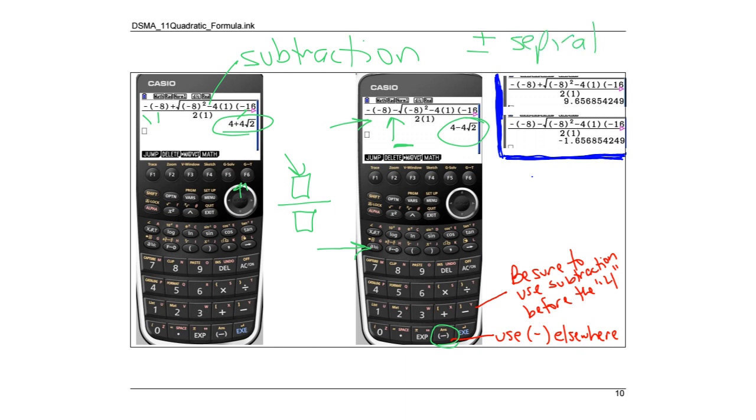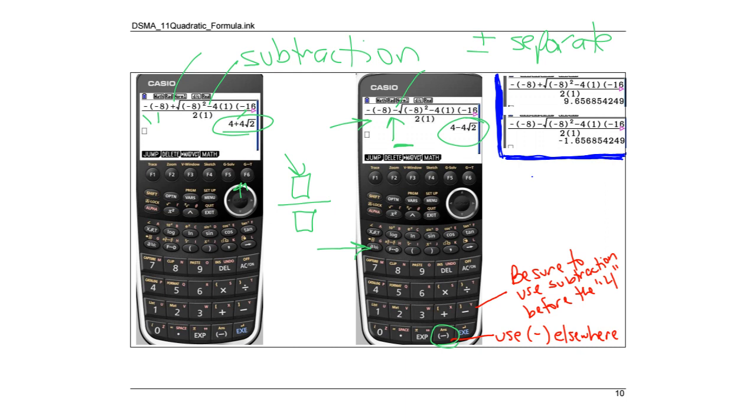So go ahead and put the plus sign first up here in your numerator. Find your answer with the plus sign, and then go back up, change that plus sign to a subtraction here, and go ahead and hit execute again, and then you'll get your second answer. So now you have both answers.